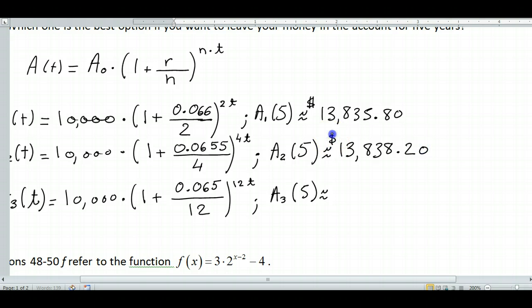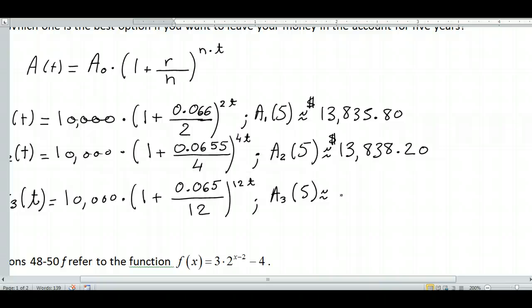And the last one, 6.5%, 12 times a year, and this time it's to the power of 12 times 5, 60.